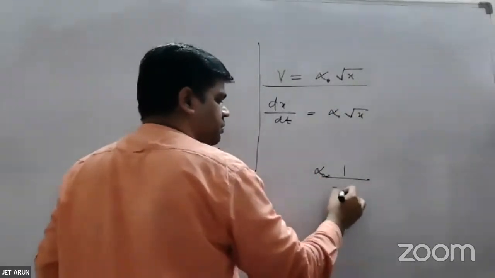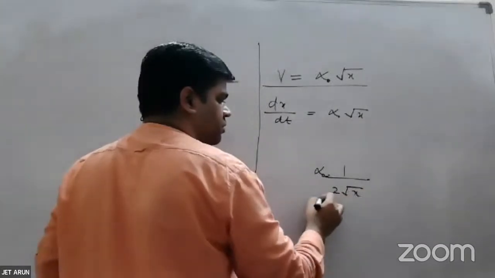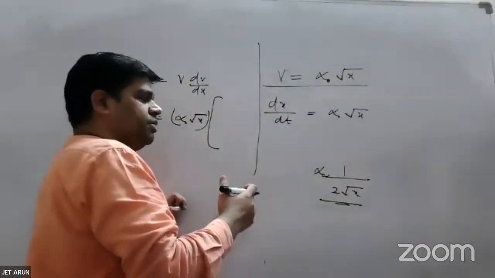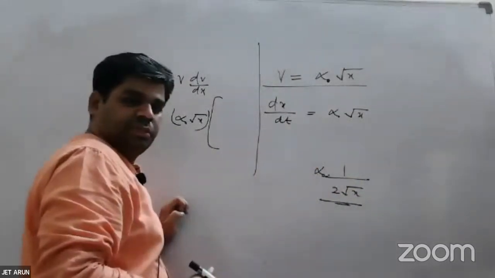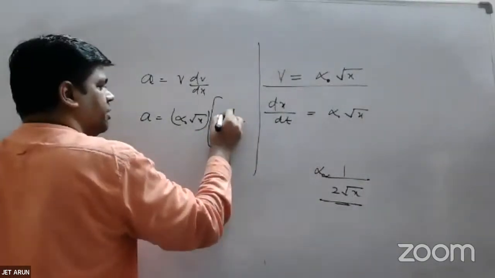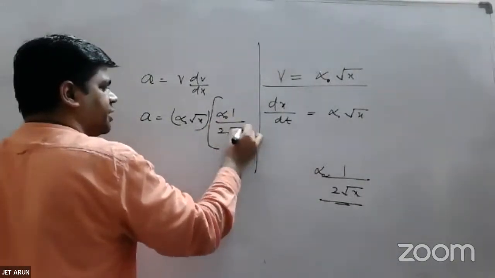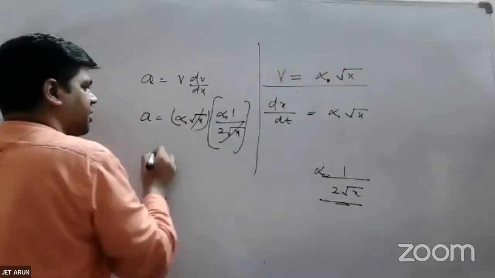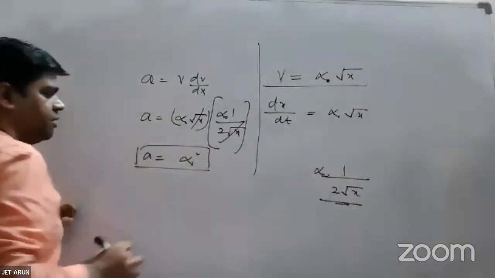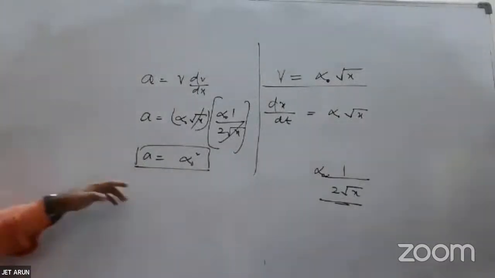Alpha is a constant, so alpha comes out, and 1 by 2 root x. So alpha into 1 by 2 root x, and root x gets cancelled out. What am I getting? Alpha square by 2, which is a constant. So acceleration is constant.